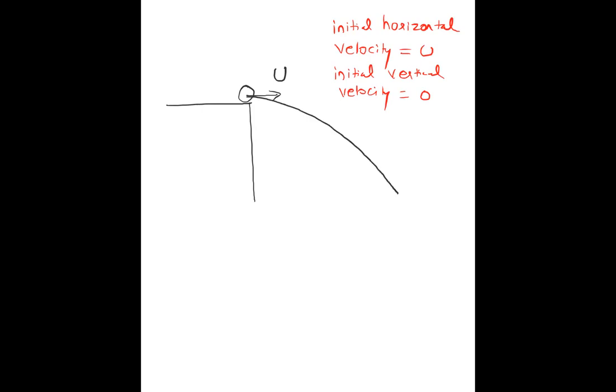It will traverse this kind of path, which I have shown with the blue color now, and it will reach the ground after a certain time. While in motion, the only force acting on the object is the gravity force, which is in the downward direction.